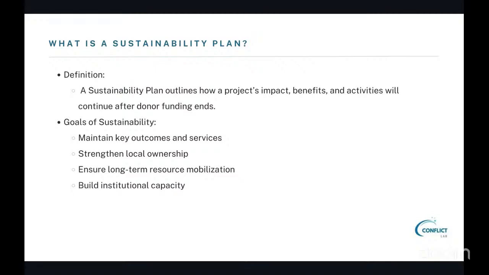So you do have to outline how the project's impact, benefits, and activities will continue after donor funding ends, as I mentioned. And the basic goal of a sustainability plan is to maintain key outcomes, strengthen local ownership, ensure long-term resource mobilization, and build institutional capacity.